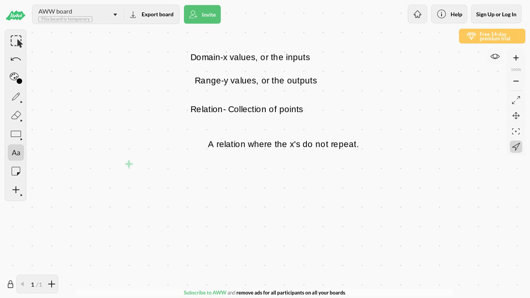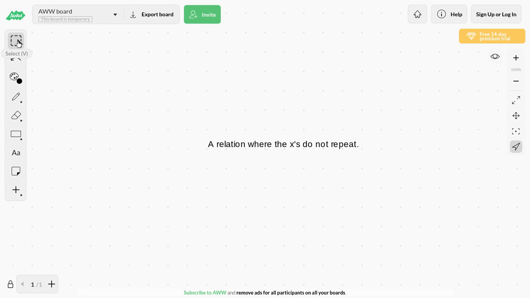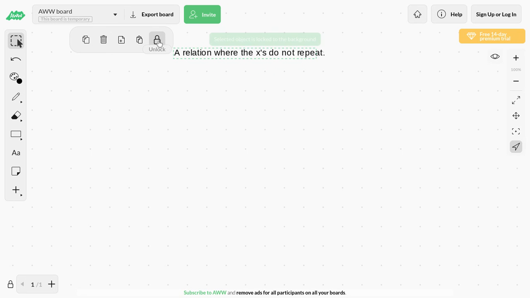So function, that's what we're learning about today. So that is the main thing you're going to want to know. So all that you don't really need to know. I mean, it's kind of helpful. You may also hear a trumpet. Okay, so a function is a relation where the x's do not repeat.